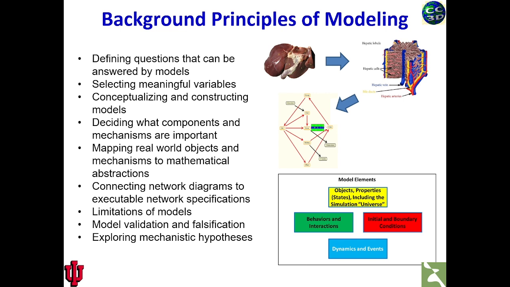All simulations are to some level simplified abstractions of the real world, and during the modeling process we have to decide what components of that large and very complex real-world system are necessary to include in our simulations to answer our questions at the end of the day. Understanding the limitations of your models, what they can and can't do, as well as the parameters over which your simulation holds, is important.